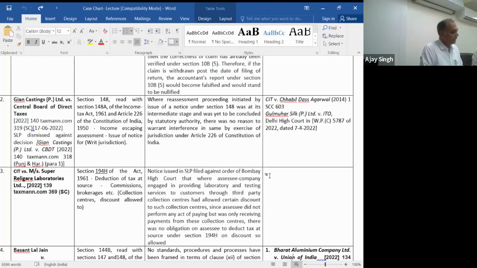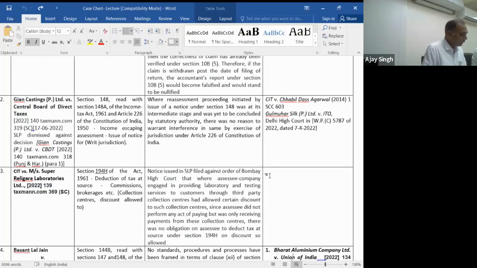So the point is that now this is a Supreme Court decision, and it will have a binding effect, as I said, till subsequent or in some different situation or different facts it has been clarified, or it will be clarified. You have to keep in mind here it was a claim of 10B deduction. As I said, there will be a different facet of this effect in different sorts of cases.